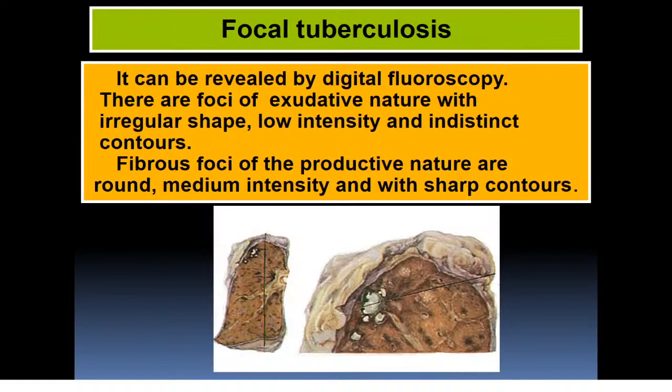It can be revealed by digital fluoroscopy in a medical check. There are foci of exudative nature with irregular shape, low intensity, and indistinct contours. Fibrous foci of the productive nature are round, medium intensity, and with sharp contours.